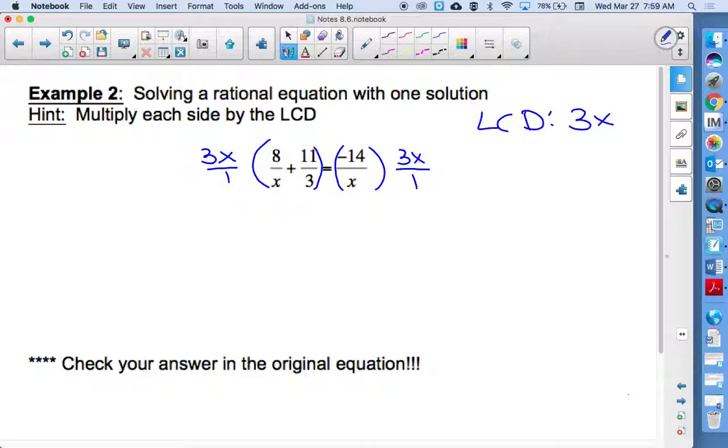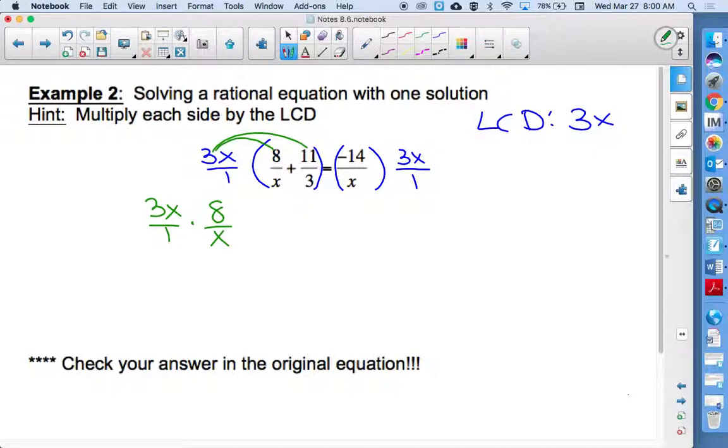Now remember, our goal is to get a horizontal equation. So I should not have a fraction after I move from this step. And I'm going to show you technically what's happening here, and then we'll kind of do a shortcut to it. This 3x is going to get distributed to each piece of the problem, because anytime you're multiplying by something, multiplication with quantities really means it's distributing through. So I have a 3x over 1 times an 8 over x.